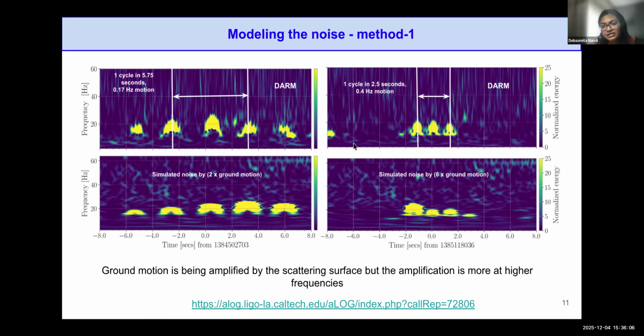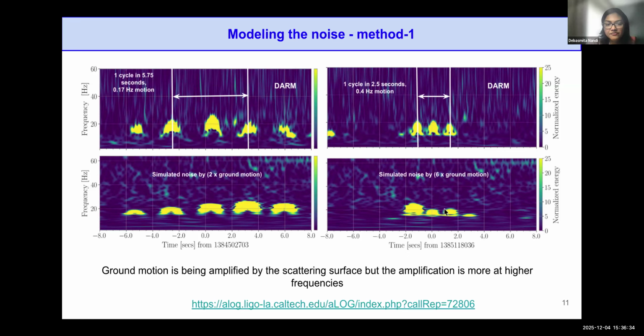But for another day where the scattering was due to a 0.4 hertz motion, we noticed that we need a higher amplification factor to match the level of noise. For this day, we had to amplify the ground motion by a factor of 6. This tells us that the scattering surface might be amplifying the ground motion more at these frequencies, close to 0.4 hertz and 0.3 hertz, than it is at 0.2 hertz.